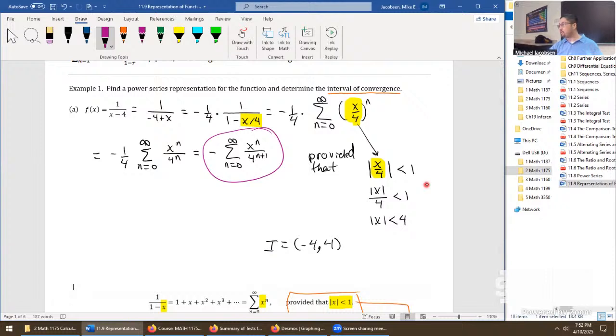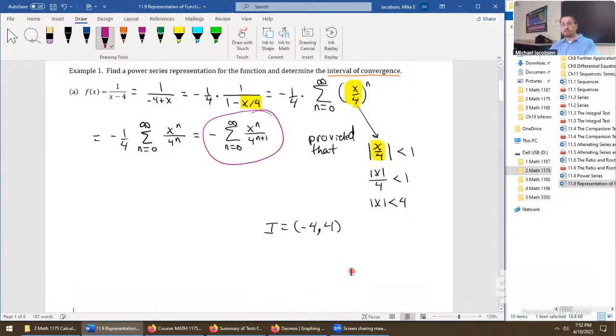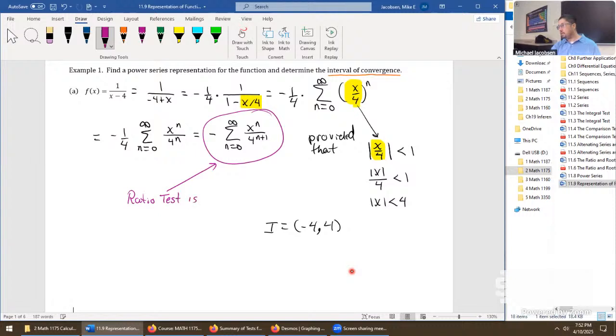So let's make a really strong comment right here, just as a reminder to help with homework and potentially with exams. Ratio test is not needed since the formula directly... is a strong word here.